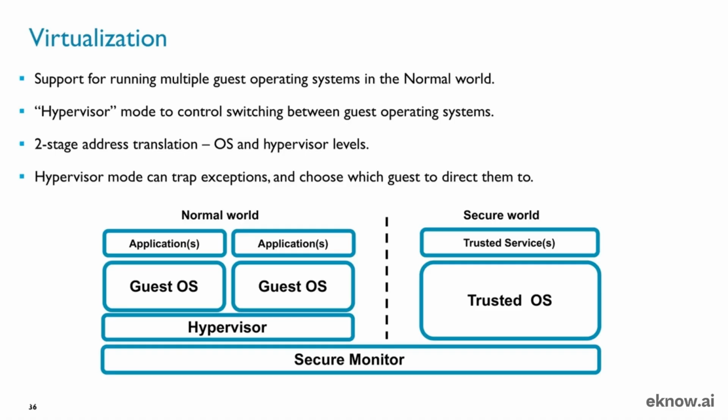One of the most important mechanisms is called two-stage address translation. This might sound complicated, but let's break it down. Normally, an operating system translates virtual addresses used by applications into physical memory addresses. In a virtualized system, this happens in 2 steps. First, the guest OS translates a virtual address into what it thinks is a physical address.